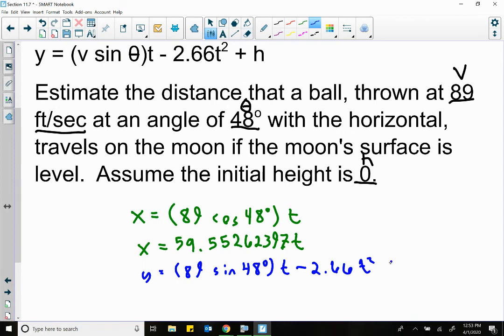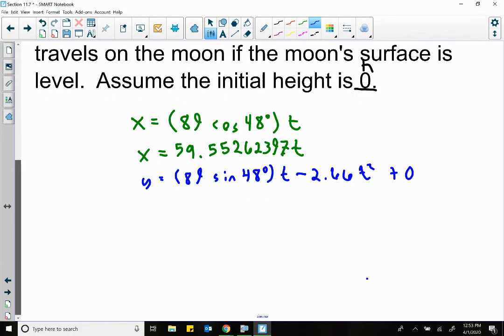H is 0. So you can write plus 0, but you don't really have to write plus 0. Okay? So the equation that we're working with is that.